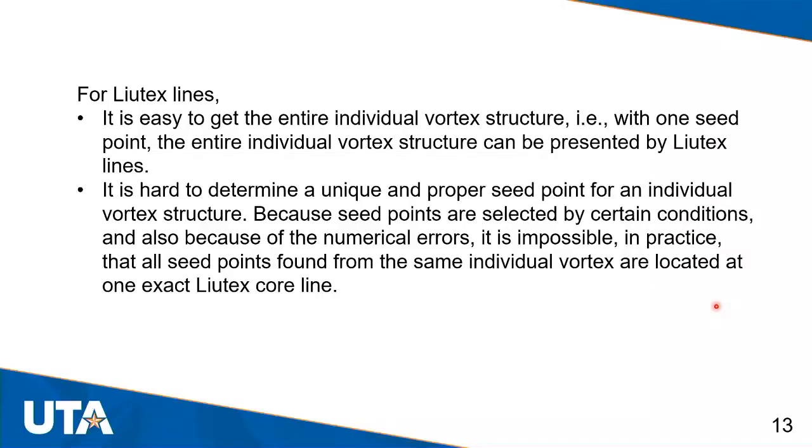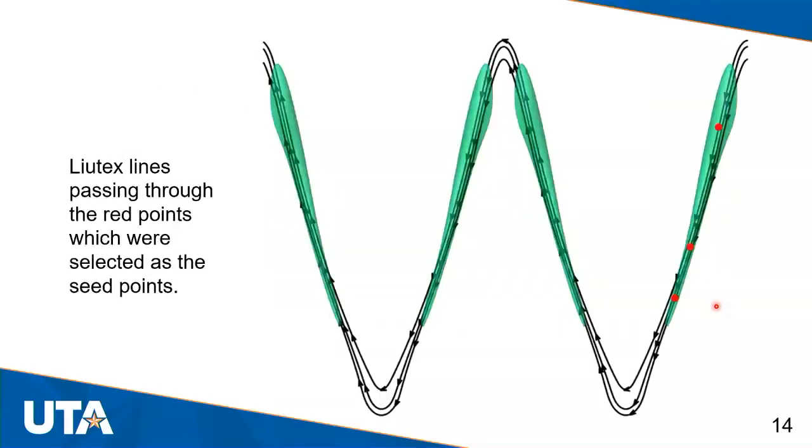It's hard to find a good one because even though the seed points you pick are all at the vortex center, the lines will not overlap. You can see from the example. I chose these 3 red points as the seed points, but you can see the vortex lines can be 3 different lines.